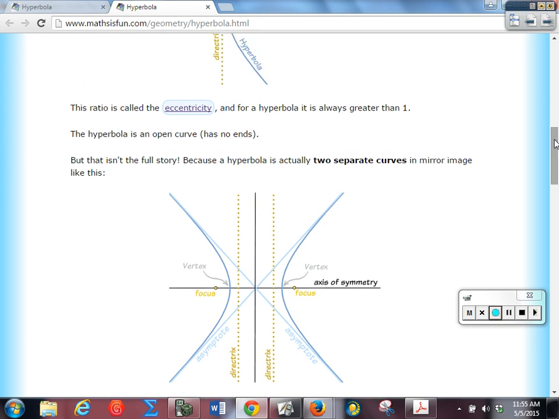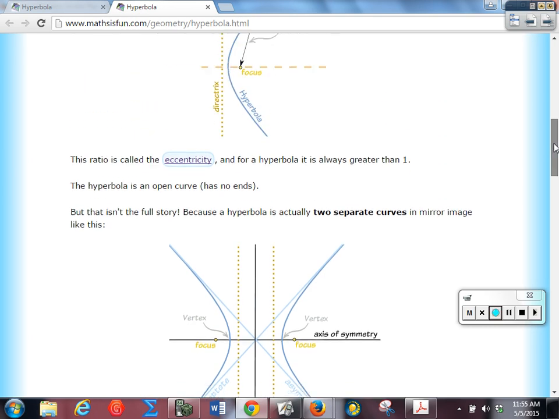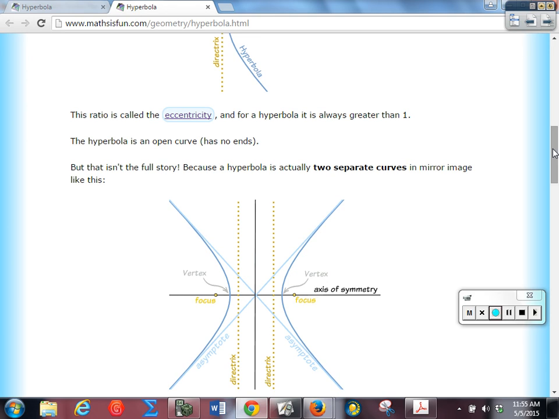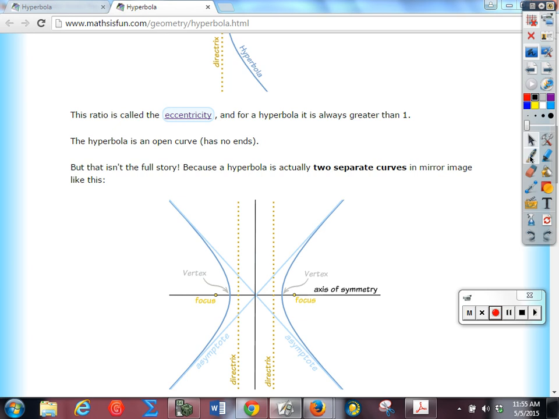The ratio is the eccentricity, which is always bigger than 1, because the focus is going to be out here. So you're going to have this right here as your length C still out to your focus, but this time your length right here is shorter, where on the ellipse the C was closer to the center than this is.